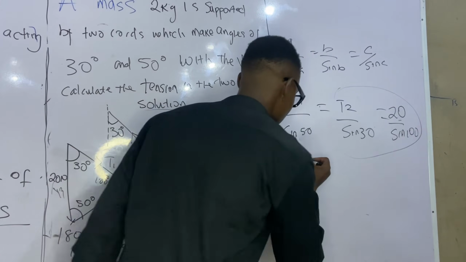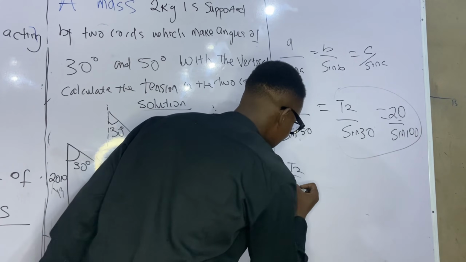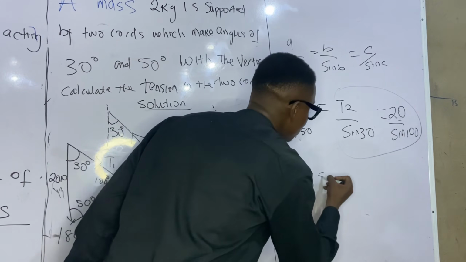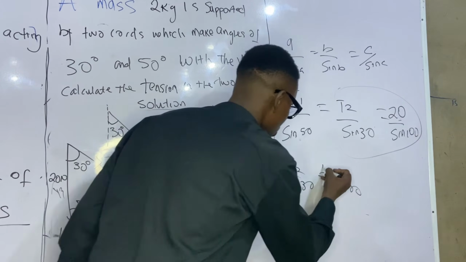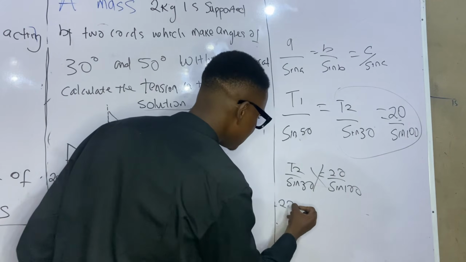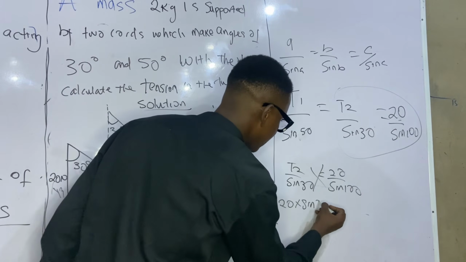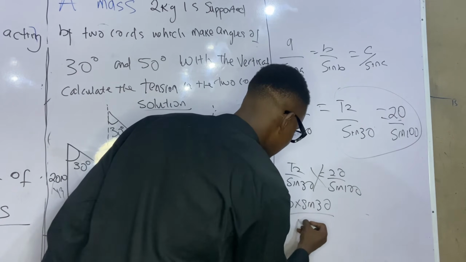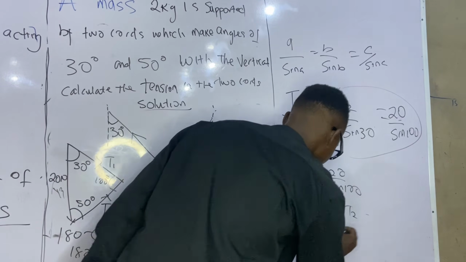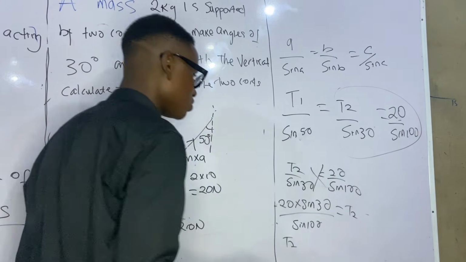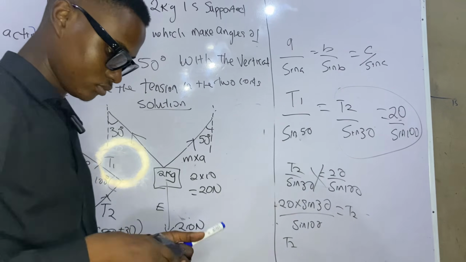So let's solve for T2 first. T2 over sine 30 equals 20 over sine 100. You cross multiply, that gives 20 times sine 30 divided by sine 100, which is T2.